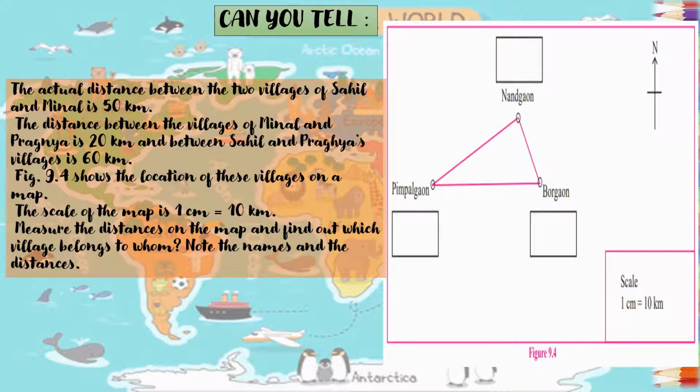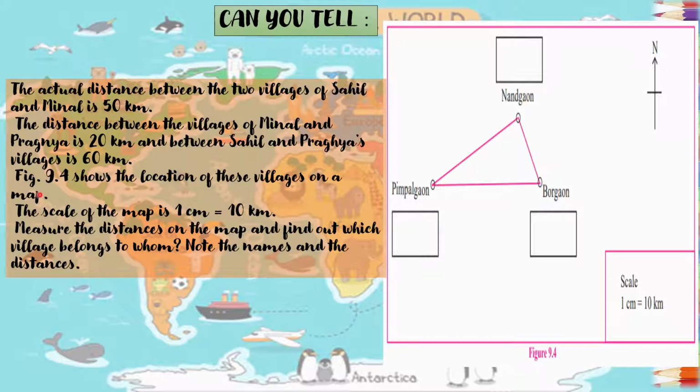Now can you tell, this is there in your textbook, page number 61. The actual distance between two villages of Sahil and Meenal is 50 km. The distance between the village of Meenal and Pragya is 20 km, and between Sahil and Pragya village is 60 km.